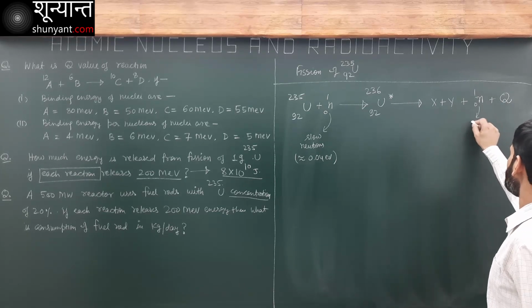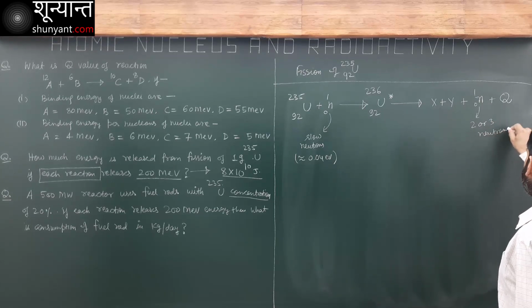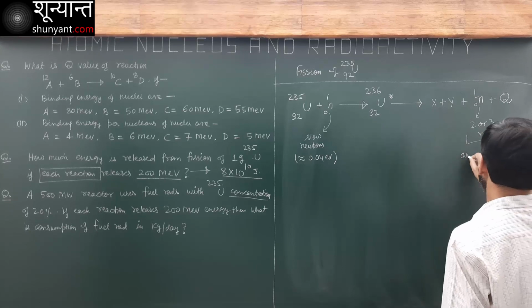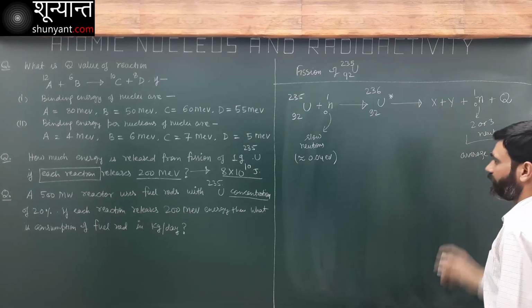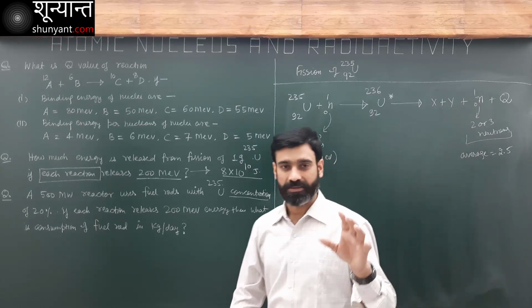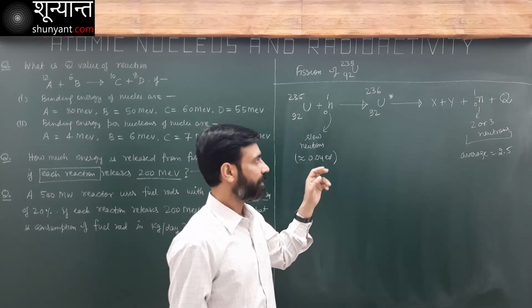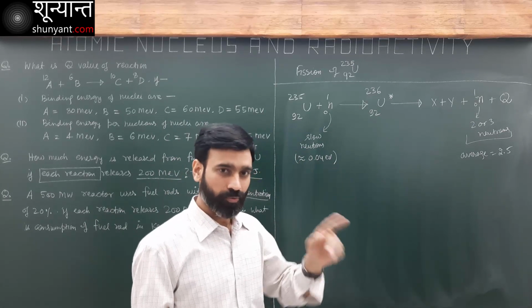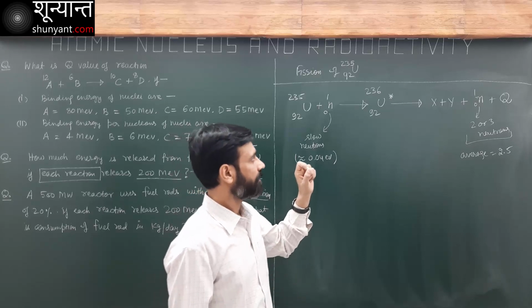Generally we get 2 or 3 neutrons, the average is 2.5. So depending on the path of the reaction, I will get either 2 or 3 neutrons for one reaction.